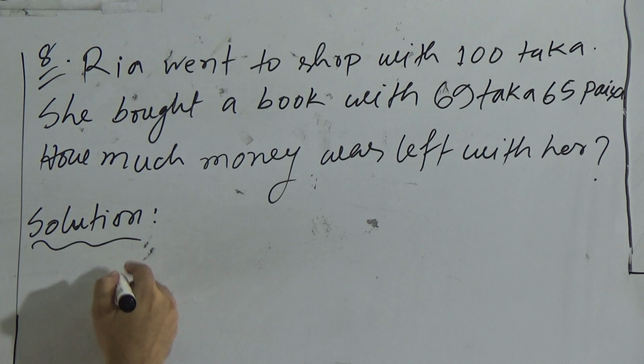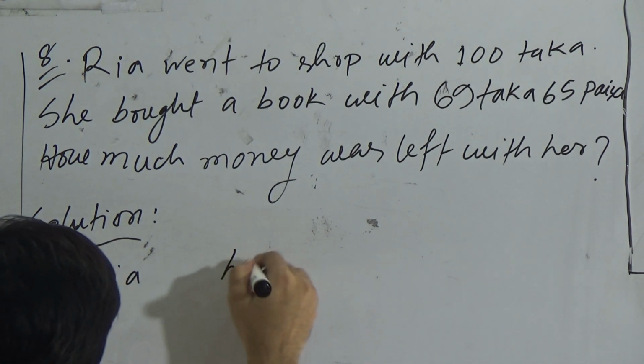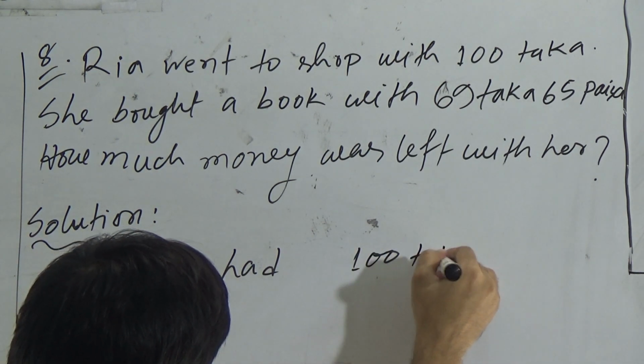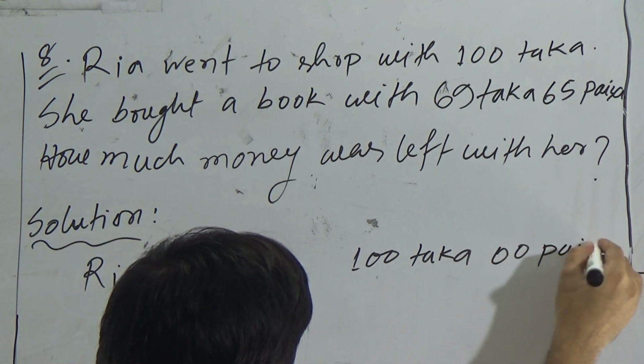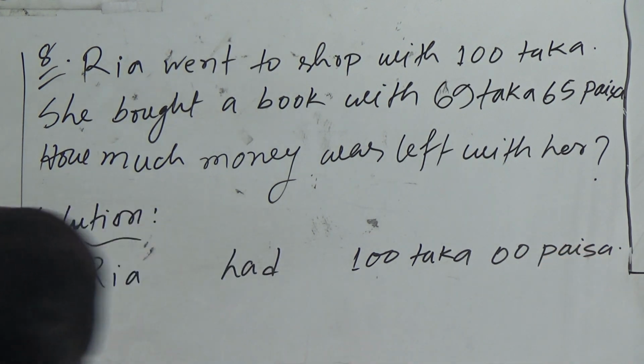So, we can write Ria had 100 taka 00 paisa. As paisa is not mentioned here, we have to write 00 paisa.